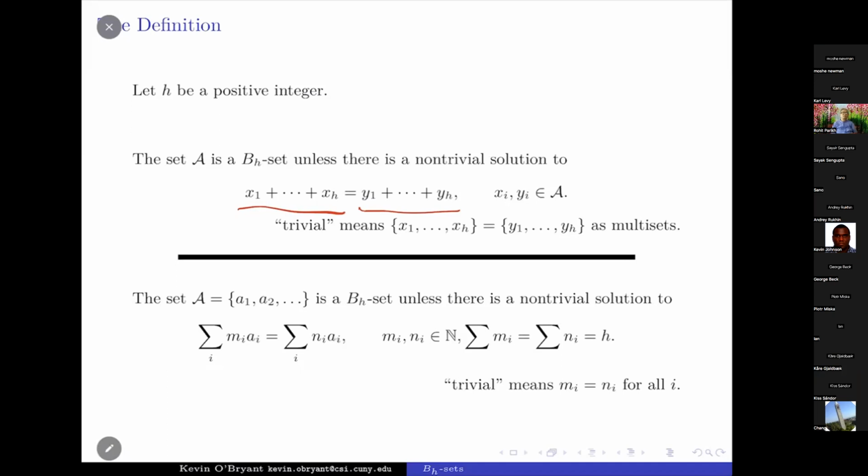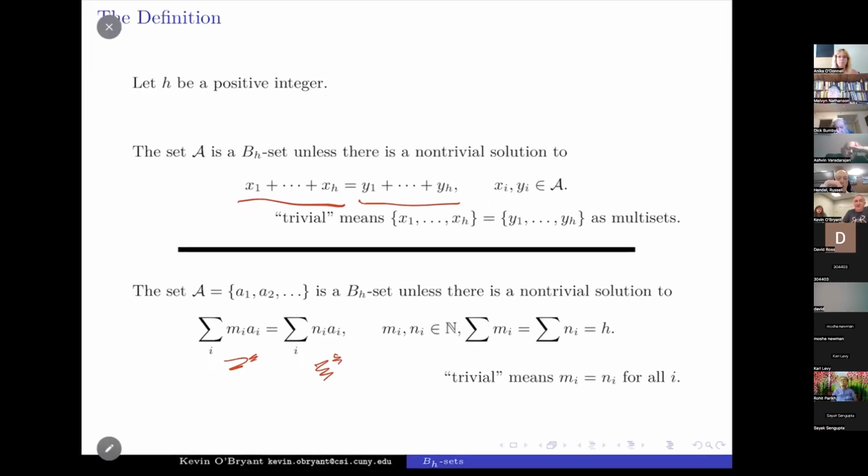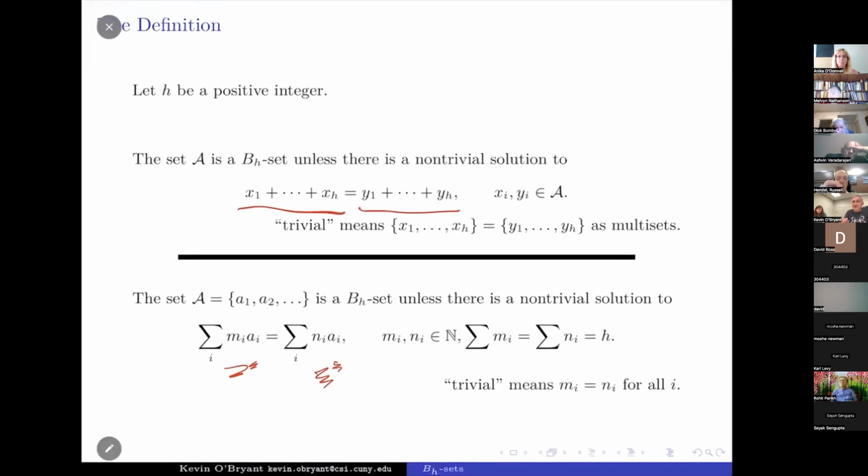So here the m's and the n's are multiplicities for each a sub i in the set. And we say that it's a B sub H set unless there are non-trivial solutions to that equation. So H of them adding up to the same thing as H others of them. And trivial just means that the multiplicities would be the same. So those are our B sub H sets.